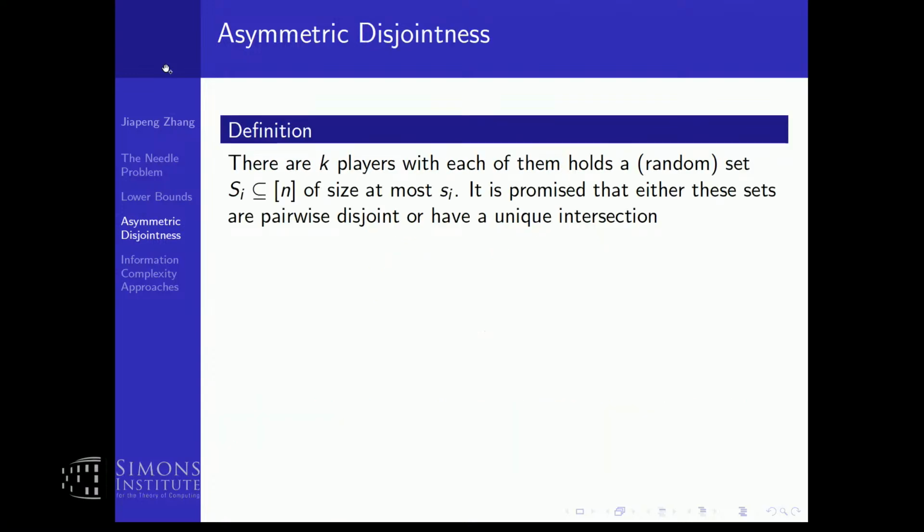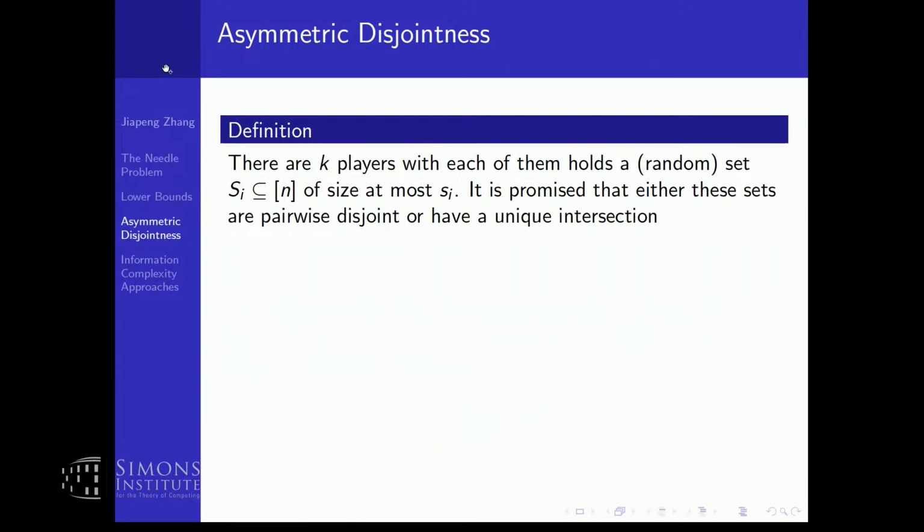So what is the asymmetric version of the communication complexity problem? Let's study a more general setting. There are k players, each has a set SI, and I promise you that each set SI has size at most small si. Now we want to determine whether they are pairwise disjoint or have a unique intersection.